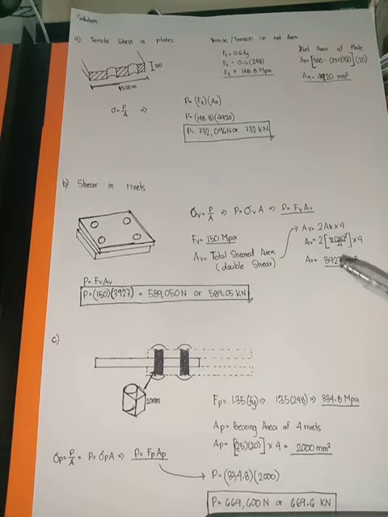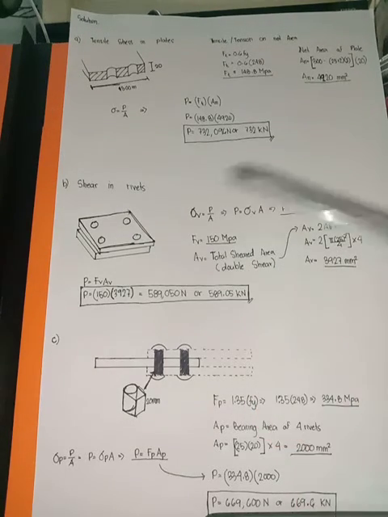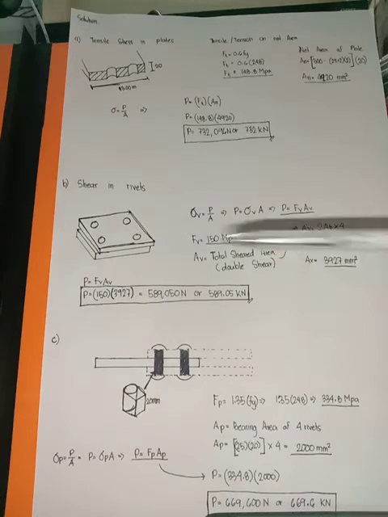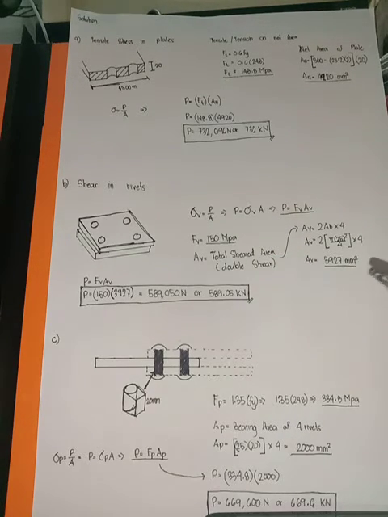So the area is double shear, so 2 times the area of our rivet. Then since there are four of them, we multiply by 4. So we have pi times 25 squared over 4, times 4, then times 2. We get the area equal to 3,927 square millimeter.